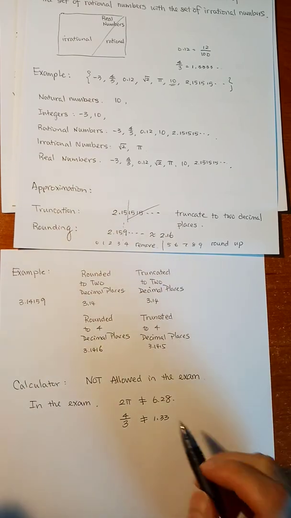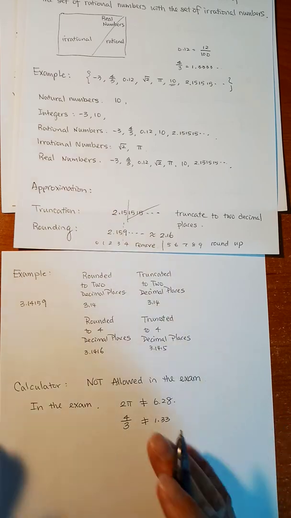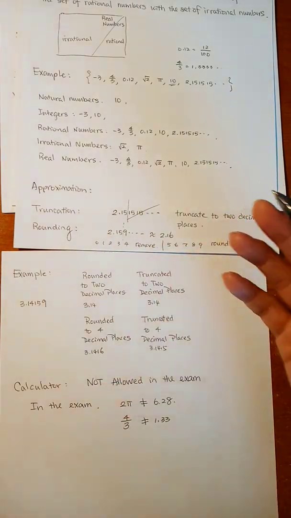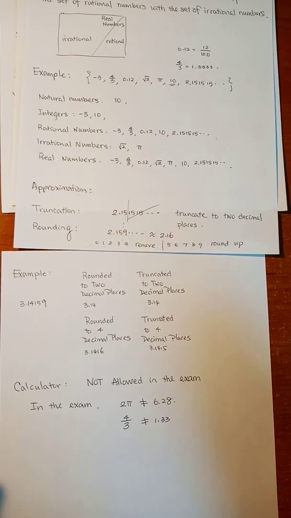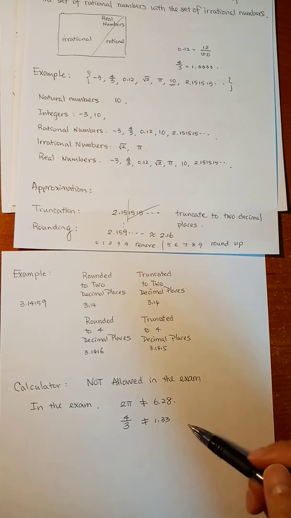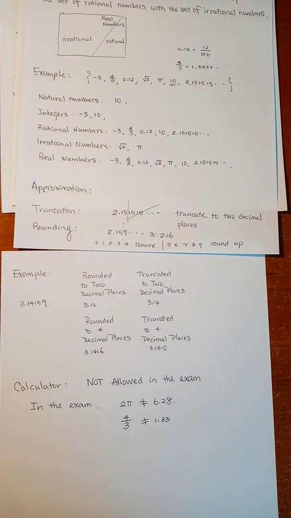They are not equal. The right side is always an approximation. Approximation is not allowed for the final answer unless I ask you to do the approximation. If I don't, then you should never leave decimal numbers as your final answer. Write it as a rational number.